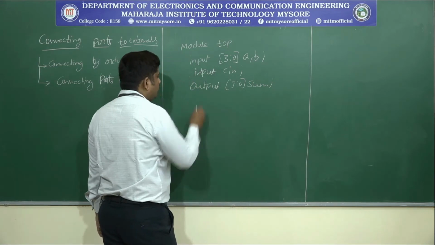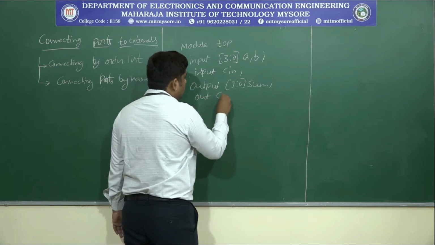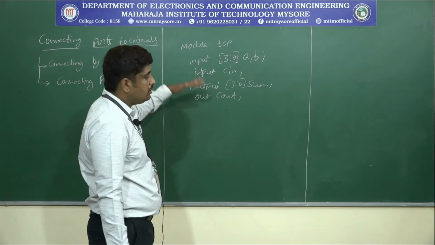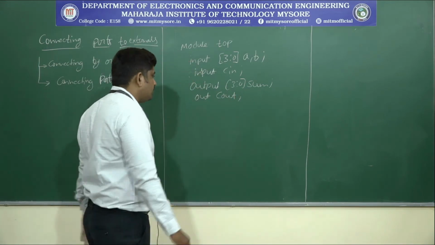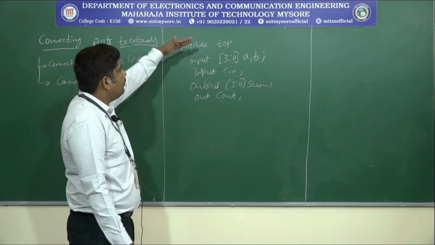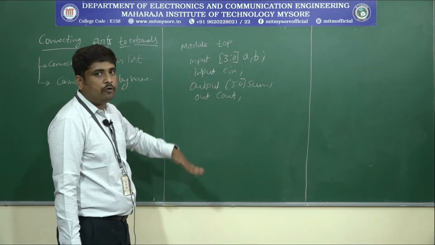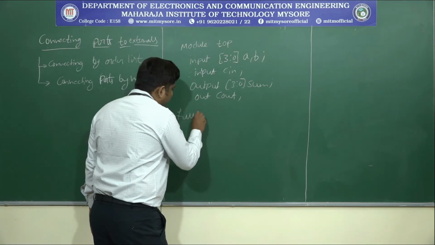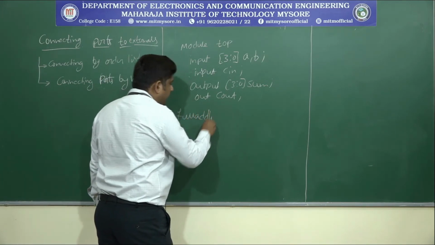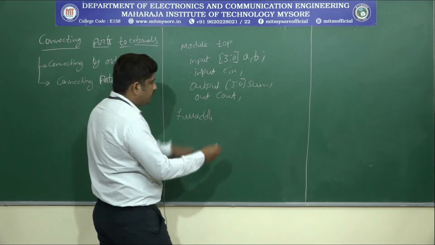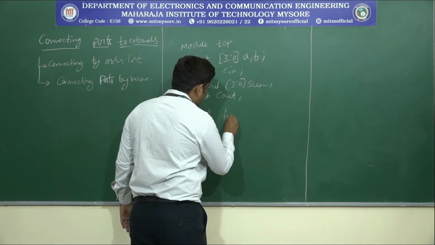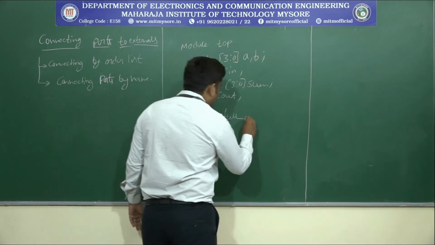One more output, that is output Cout. After this input and output declaration we have to instantiate the module with respect to the full adder circuit. It is named full add 4, the same name written here. Then the name of the instantiation we can write as full underscore order list.